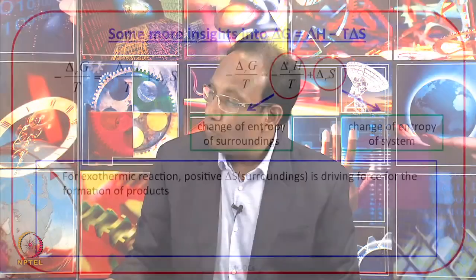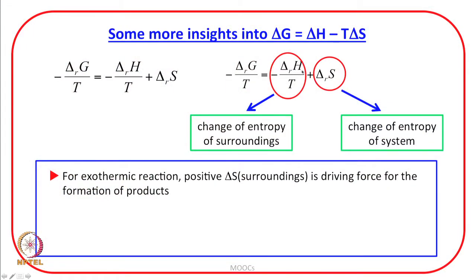And also, if we look at in the slide that minus delta R H by T term, if reaction is exothermic, delta H is going to be negative and overall value is going to be positive. And that is what is commented over here. For exothermic reaction, positive delta S surrounding is the driving force for the formation of products.